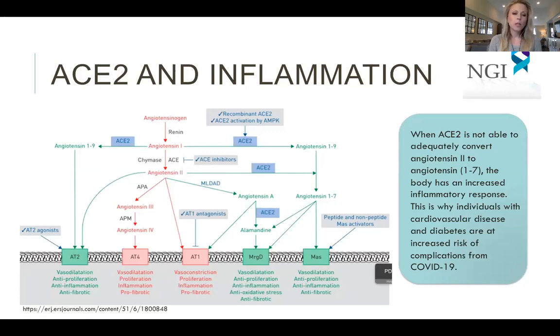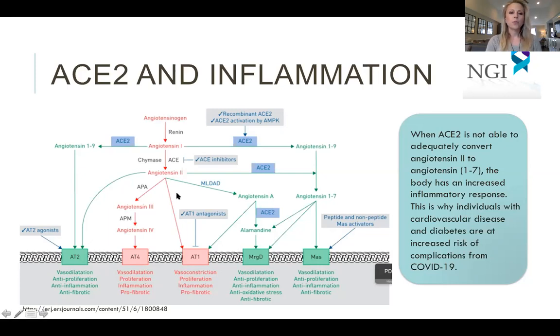So why would we want to do that? Well, because angiotensin 2 is inflammatory. So it's what's increasing your blood pressure. So angiotensin then comes over here and it's basically creating all these processes to then cause that vasodilation and that inflammation and that pro-fibrotic state, so fibrosis.